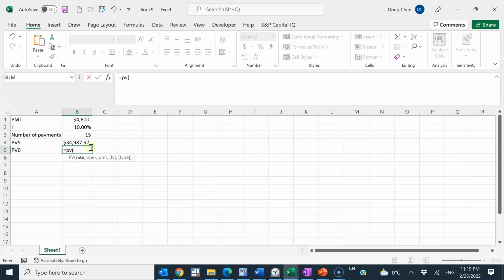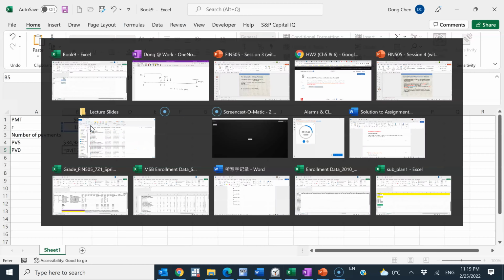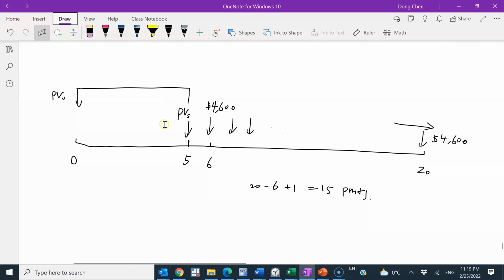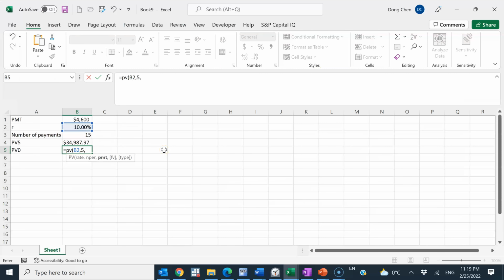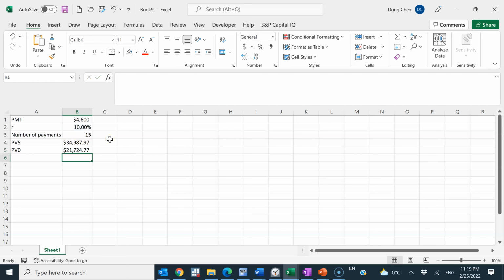It's the same interest rate. The payment is 0, because we are dealing with one single cash flow. Finally, this single cash flow is PV5. Relative to point 0, 5 is the future, so PV5 becomes the future value in this calculation. That will give us the final number.